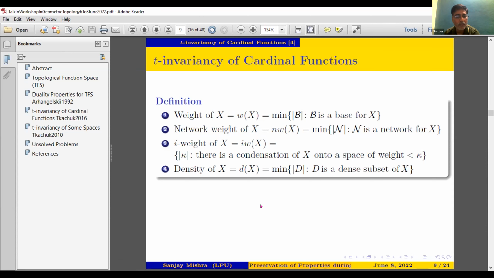And the density of X is the minimum cardinality of D, where D is a dense subset of X.